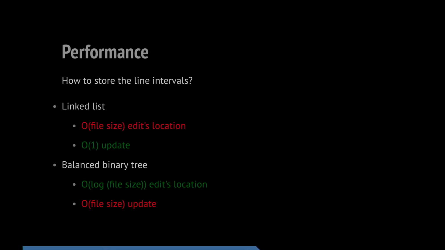Linked list is very easy to maintain, very easy to code, but the complexity of finding the next file offset is linear, obviously. In a balanced binary tree, it's very easy to locate new changes, but sometimes it's costly to update everything.